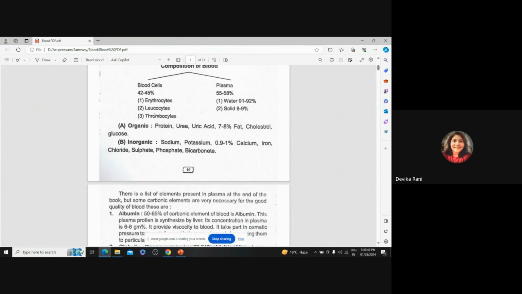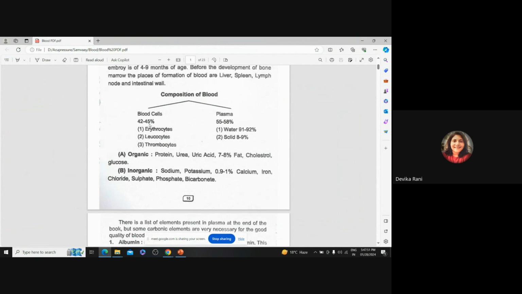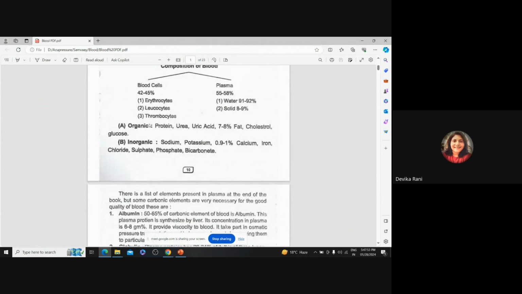So this contains organic and solid components over here, 8 to 9% consisting of organic and inorganic components. The organic components are protein, urea, uric acid, 7 to 8% fat, cholesterol, glucose, and inorganic contains ions like sodium, potassium, 0.9 to 1% calcium, iron, chloride, sulfate, phosphate, bicarbonate.